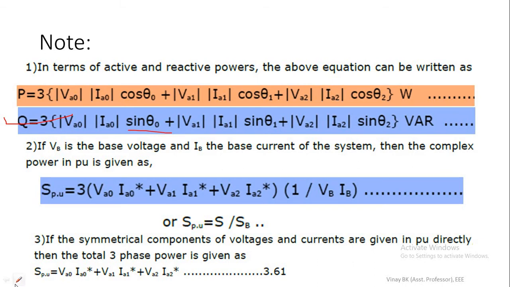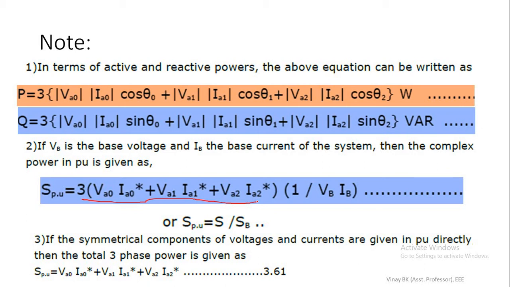The second point you should remember: if you want to calculate complex power in terms of per unit, we all know that per unit is defined by the ratio of the actual value to the base value. Here the actual value of power is 3 into VA0 IA0 conjugate plus VA1 IA1 conjugate plus VA2 IA2 conjugate, which we derived for complex power.